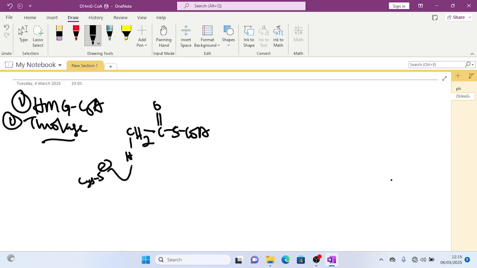This cysteine residue abstracts this proton from acetyl CoA, so that eventually we get this intermediate. The intermediate will look like this, with a methylene group. Now this carbanion that is formed here is then going to combine with another acetyl CoA.